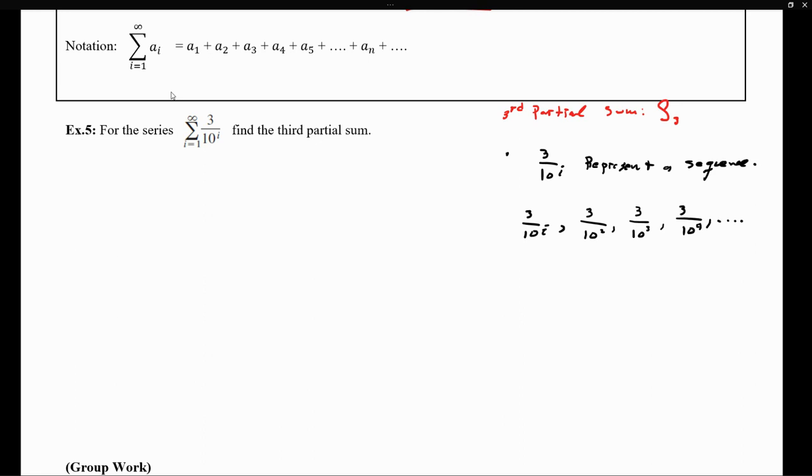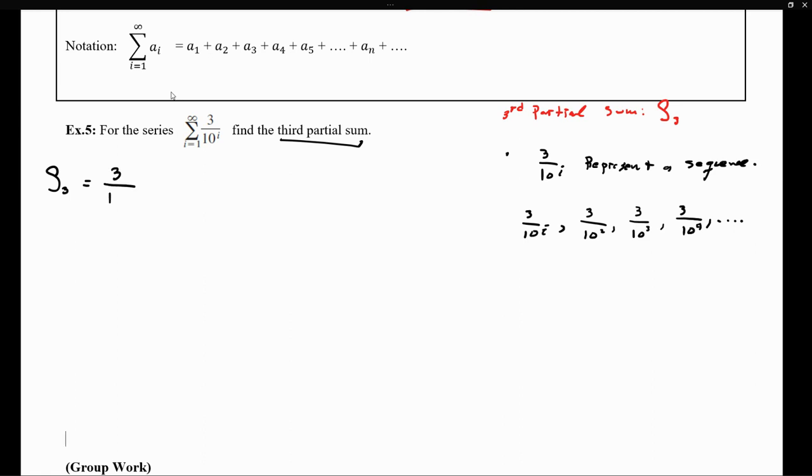So if we want to find the partial sum of the first three terms, we can take a look at the sum and just add the first three terms in the sequence. Again, we're going to start at 1, at least in this example, and we're not going to go all the way to infinity, because if we want to find the third partial sum, we just have to add the first three outputs.